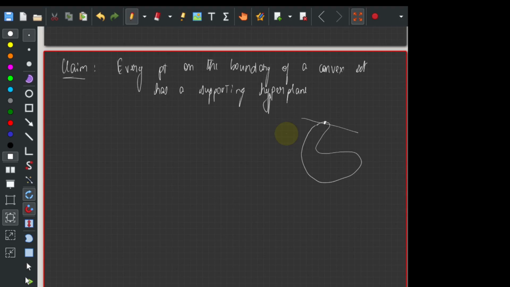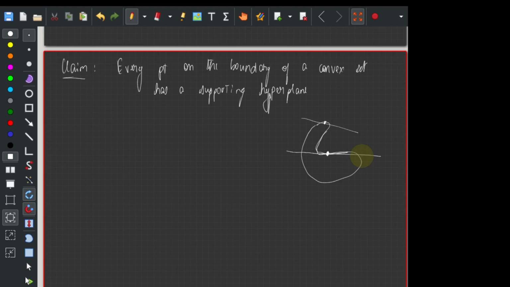Can you give me one point which does not have a supporting hyperplane? It is not convex, yes. So can you give me a point where you don't have a supporting hyperplane for this set? Basically, take any point over here. If I take this particular point, then the tangent to this point will be something like this, and the set A lies on both sides of this hyperplane.